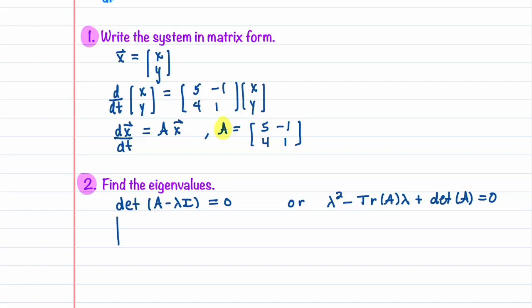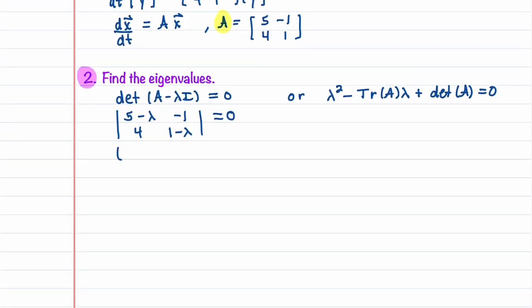Let's do the determinant way first. We're going to take 5, and then subtract lambda off the main diagonal, and then we have a minus 1, 4, and then a 1 minus lambda, and that's equal to 0. Multiplying the main diagonal entries, we have 5 minus lambda times 1 minus lambda, and then we subtract off the off-diagonal entries, minus 1 and 4, and we multiply those.